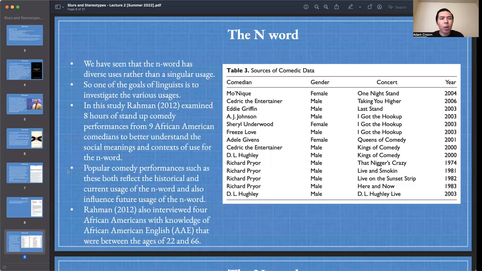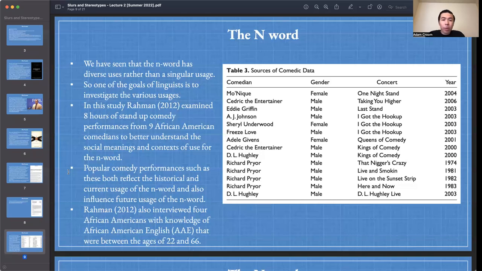So we have seen that the N-word has diverse uses rather than a singular usage. One of the goals of linguists is to investigate the various usages. In this study, Rahman examined 8 hours of stand-up comedy performances from 9 well-known African-American comedians to better understand the social meanings and contexts of use for the N-word.